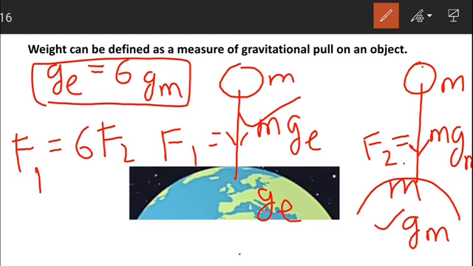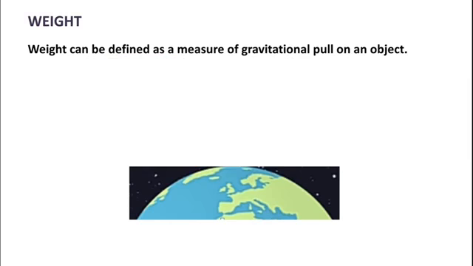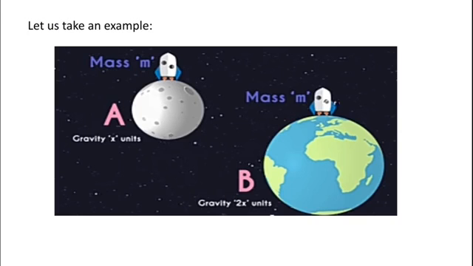And if the gravitational pull is more, then the weight of the object on the surface of Earth is more as compared to its weight on the surface of Moon. So I hope it is clear to you that weight is defined by how much gravitational pull is acting on an object.